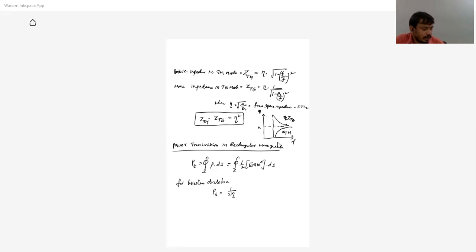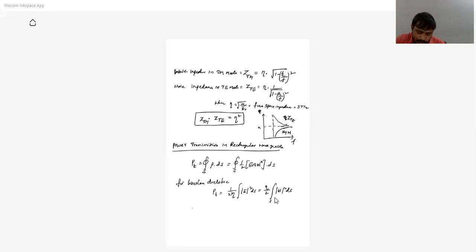Eta means the integral of mod E square into ds, that is equal to eta by 2 integral of mod H square into ds. You can write it in terms of the electric field, or you can write it in terms of the magnetic field.